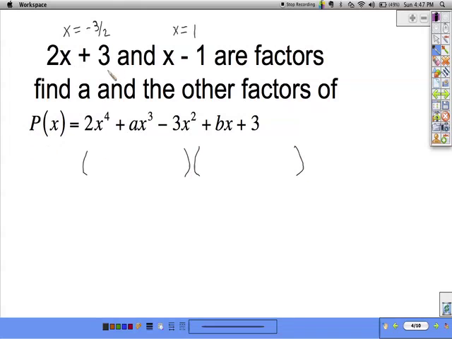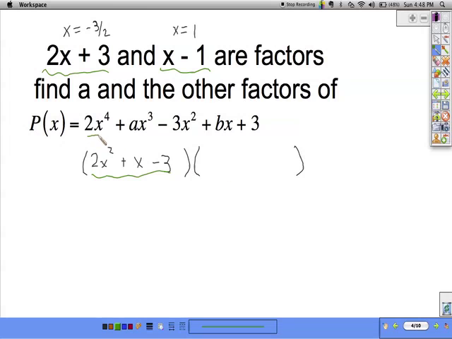Well, 2x plus 3 times x minus 1, that's the same thing as 2x squared plus x minus 3. That's what we get when we FOIL out those two. Now the question is, what other quadratic do we have to multiply by here?